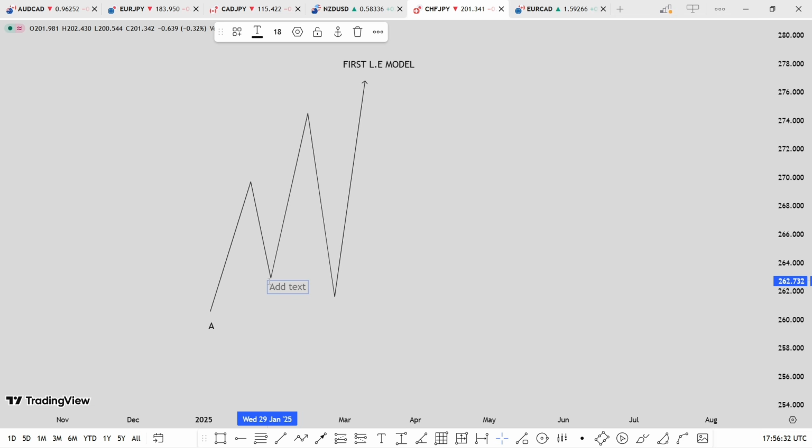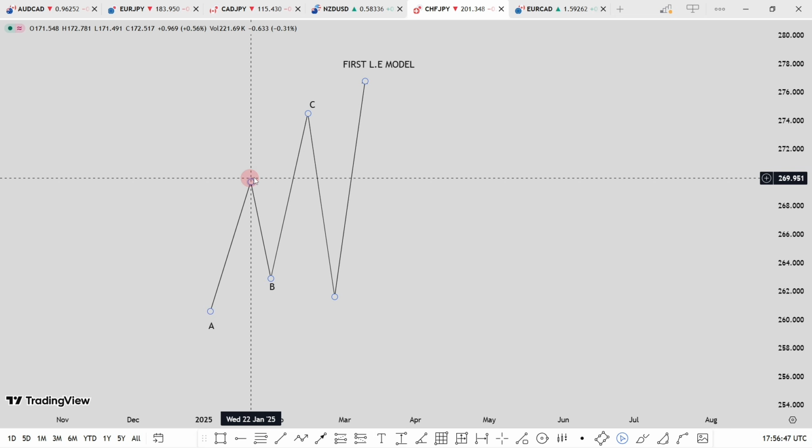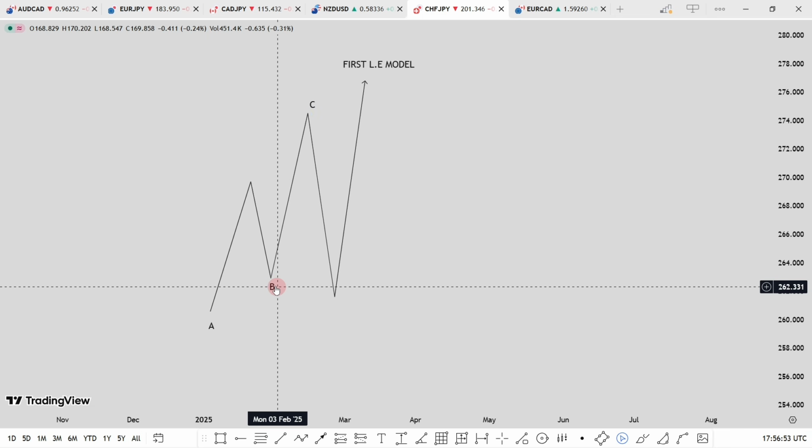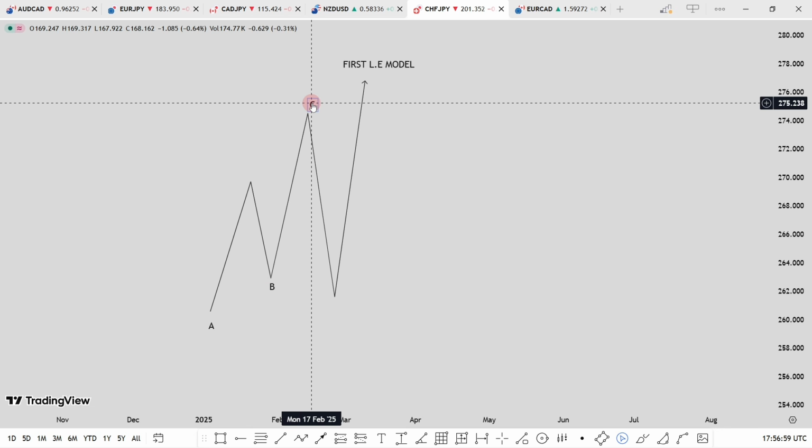This is B. B is the structural liquidity or the inducement, and then we have a turning point, which is C. But actually we have two turning points associated with this one. Here we have the first turning point, we can say is T1. This is a turning point because price reversed down, and B itself is also a turning point. That's the structural liquidity before the break of structure happened. And then we have C, which is the second turning point.